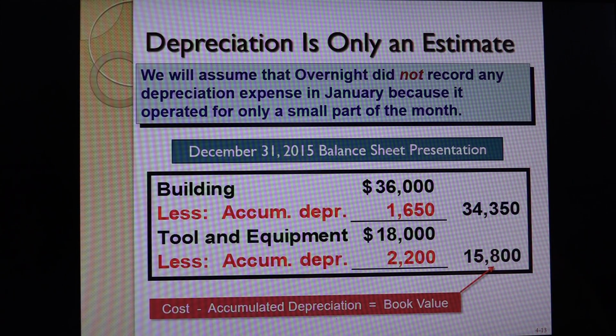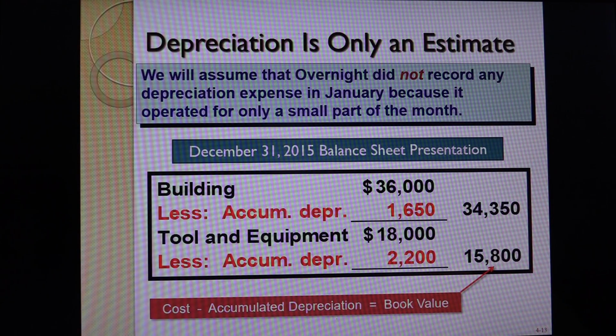And so, this is just showing the balance sheet presentation at the end of the year, taking into consideration the cost of the building less all accumulated depreciation that's been expensed for the year.